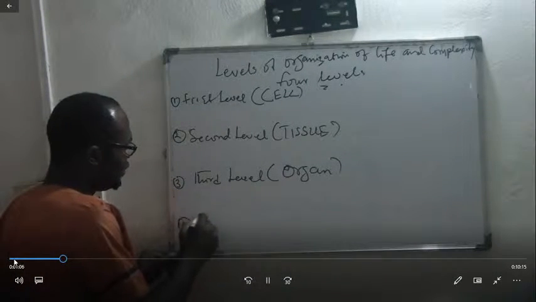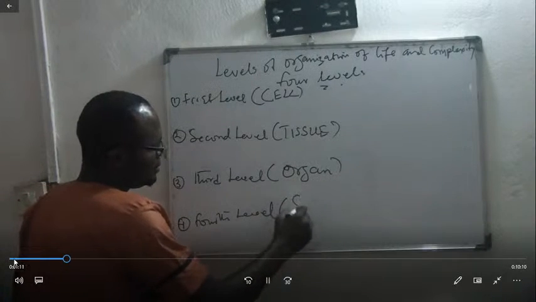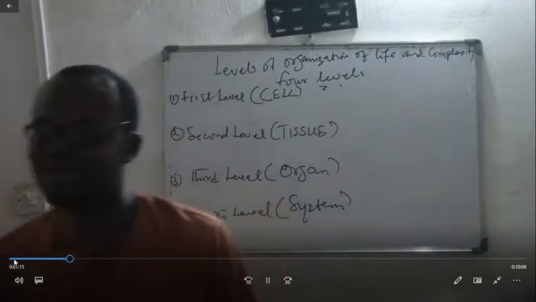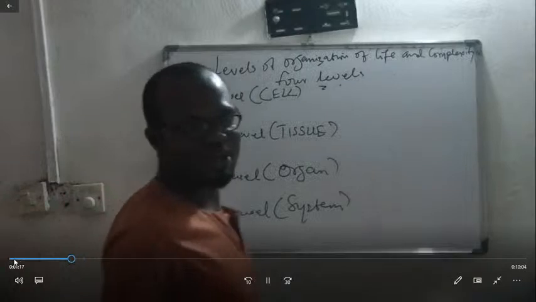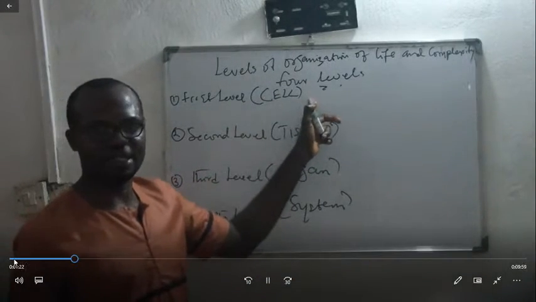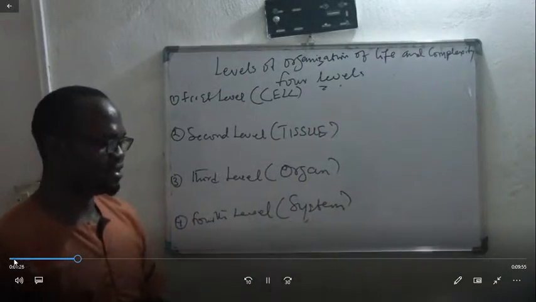And lastly, we have the fourth level, known as the word system. So those are the levels that we have in life. So every organism is at the level of the cell, tissue, or what? Organ, as well as system.